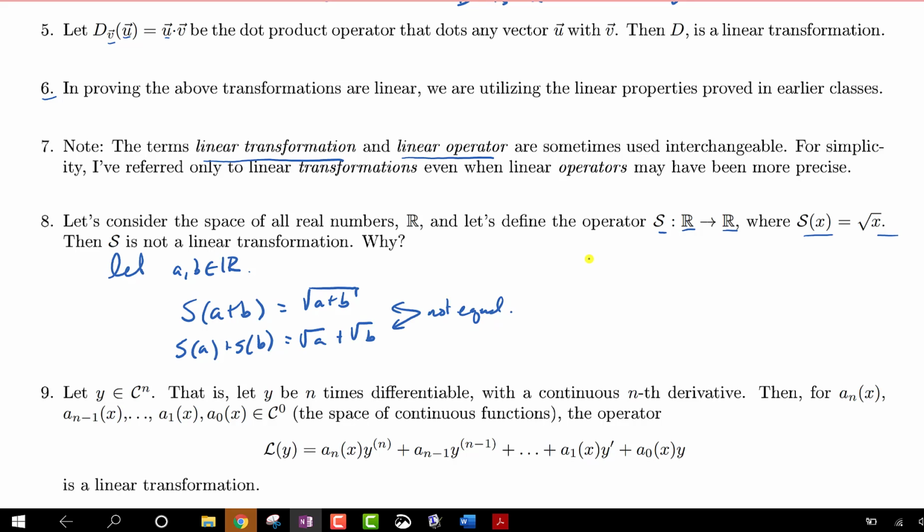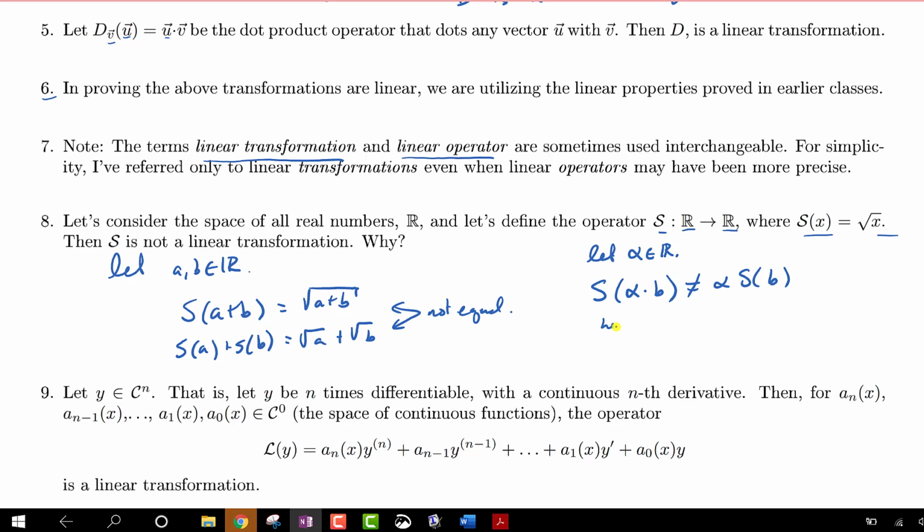We could take that a step further. Let alpha be some real constant. If I took S of that real constant times, let's say b, just so the letters don't get too confusing, this does not equal alpha times S of b. What do I mean by that?